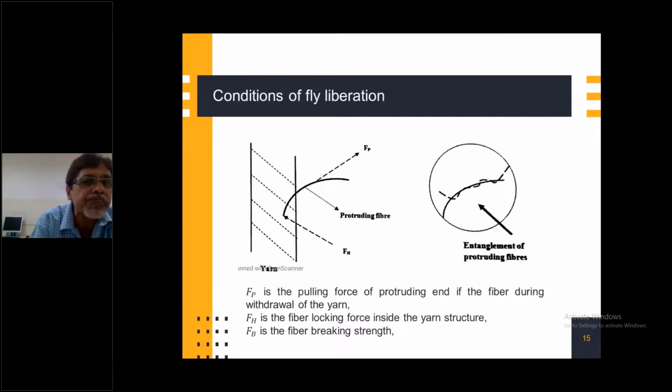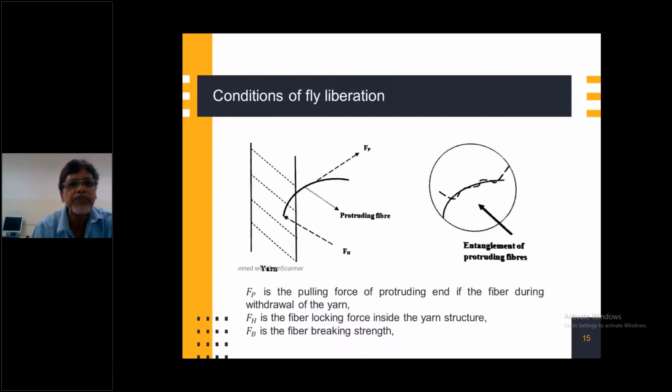FF is the force acting outside due to friction and pulling out, and FB is the breaking strength of the fiber. These three forces will decide whether a particular fiber, in the form of a hair, will go with the yarn, or break somewhere, or come out from the structure of the yarn.